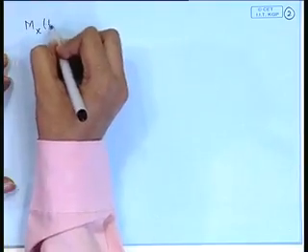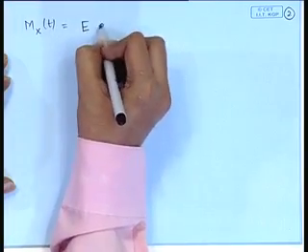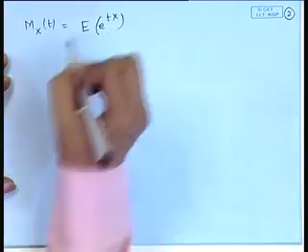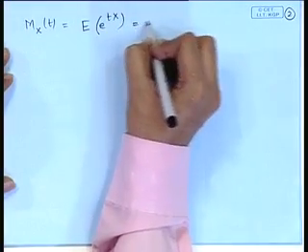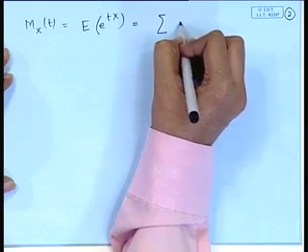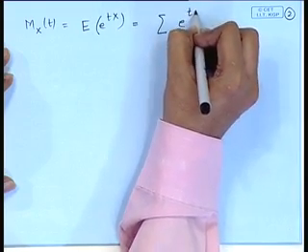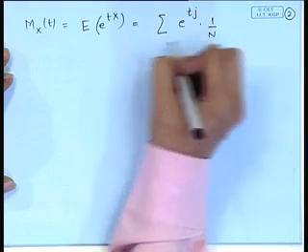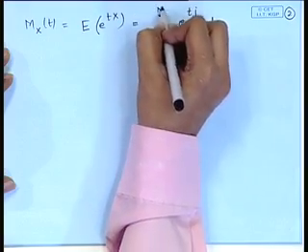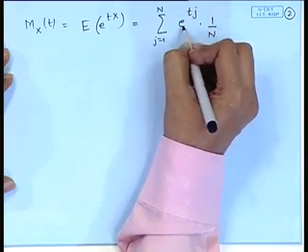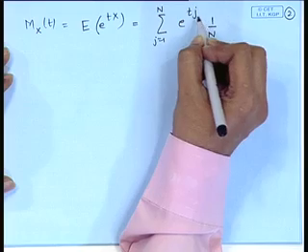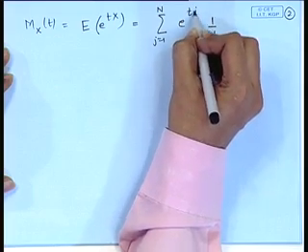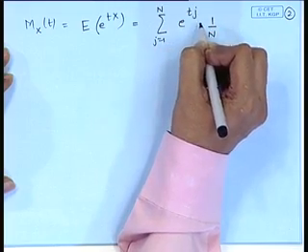We may also look at the moment generating function of this distribution, M_X(t), that is equal to the expectation of e to the power tX. So it is equal to the sum of e to the power tj, each with probability 1 by n, j equal to 1 to n. Now, this is e to the power t plus e to the power 2t plus up to e to the power nt, which is a finite geometric series.